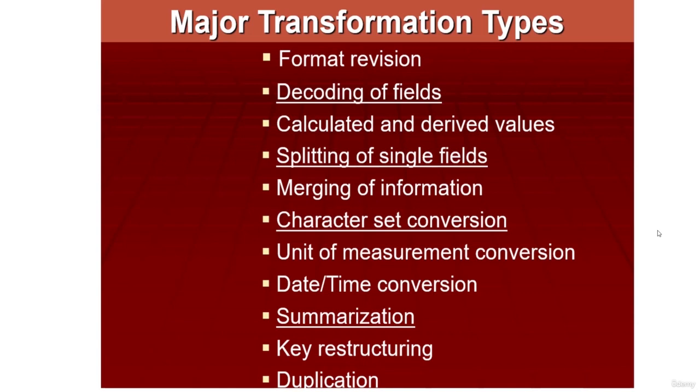And then character set conversion, unit of measurement conversion, and date and time conversion, and how you can summarize the data, and key restructuring of the data and deduplication. These are all the transformation types you must learn if you want to excel in your career in the field of ETL tester.